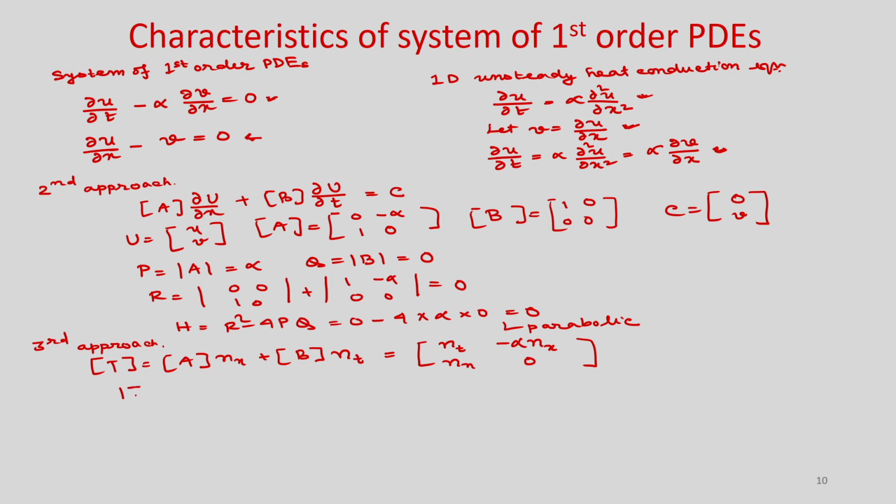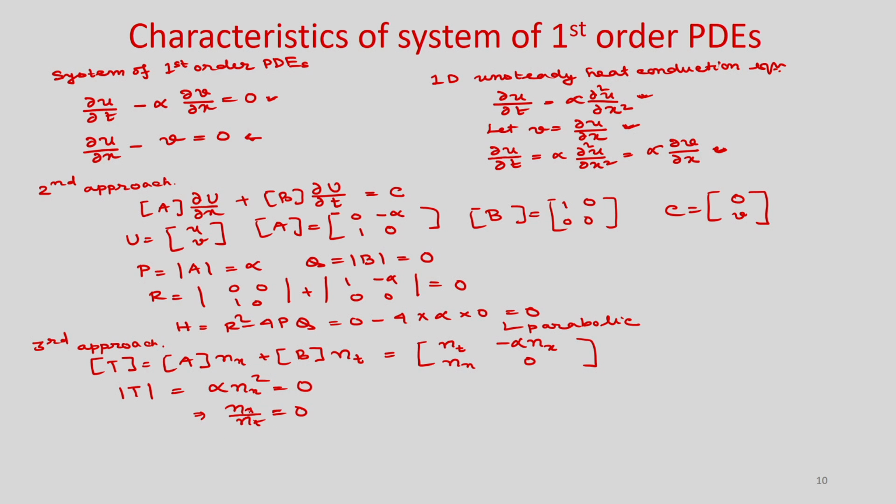And the determinant of T, if you find it, will be α nₓ² = 0, that means nₓ/nₜ is 0. So, you can see the characteristic nₓ/nₜ is 0.